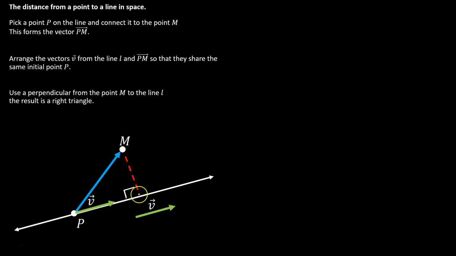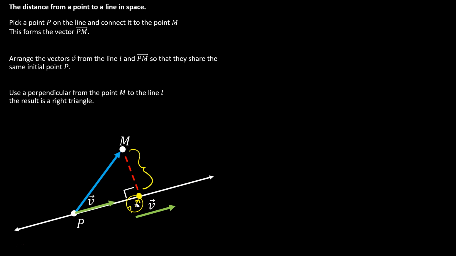And often I see students say, well, why didn't we just pick this point P and calculate the distance between these 2 points? And that would be a great idea if we had a way of finding that point P. We don't know how to find the point that's perfectly on the line. We don't know which parameter value to use.